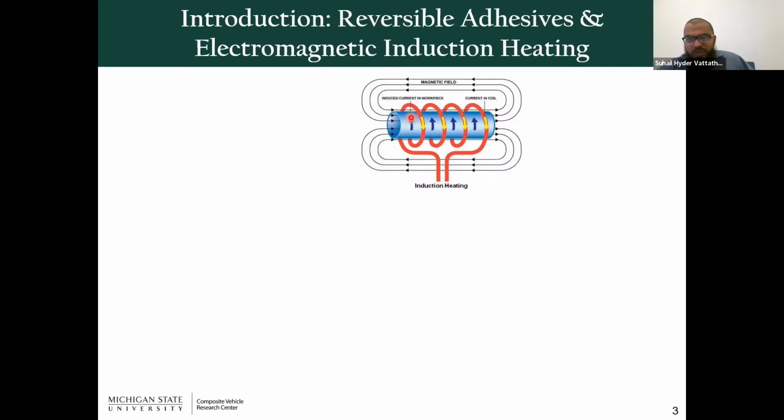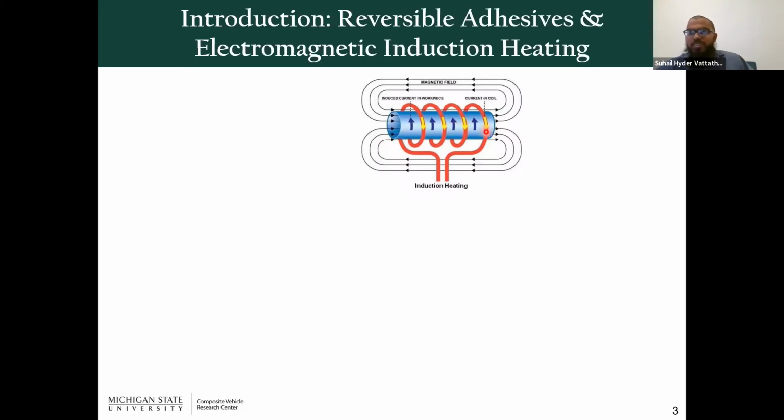The resistive heat loss due to this current, which we call Joule's effect, heats up this particular material. Now, if the workpiece material is magnetic in addition to being conductive, then there will be an extra heating source, that is hysteresis loss.